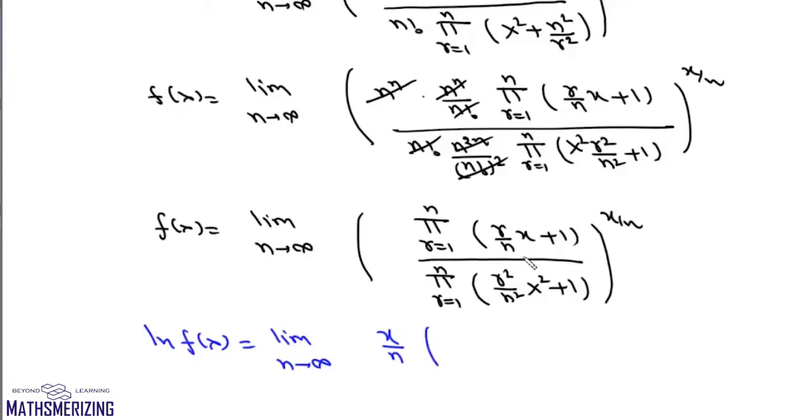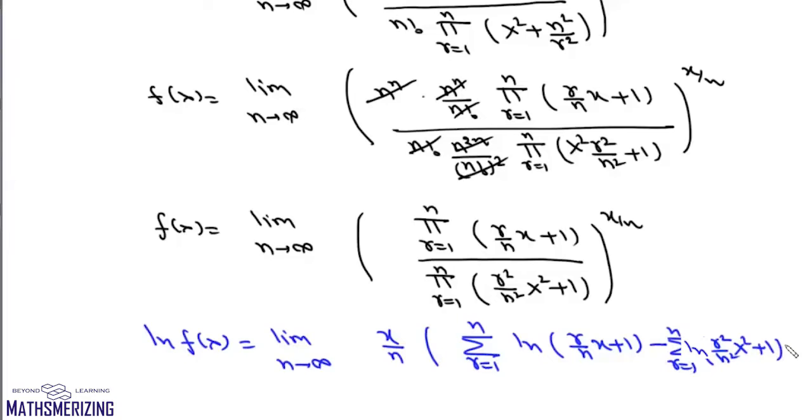So this product will change into summation. So it will be this summation, r varies from 1 to n, of log(r/n into x + 1), minus this summation, r varies from 1 to n, of (r²/n² x² + 1).